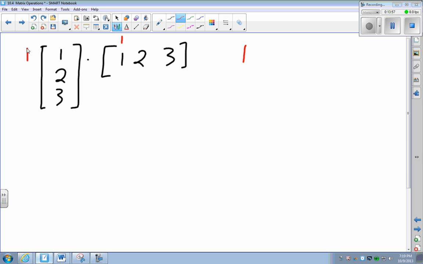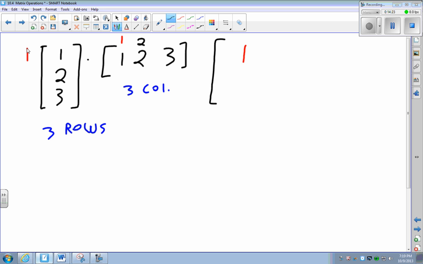Okay, but now we have multiple columns here, right? So here we have 3 columns. And here we have 3 rows. So that means we have to move on to our second column here, right?